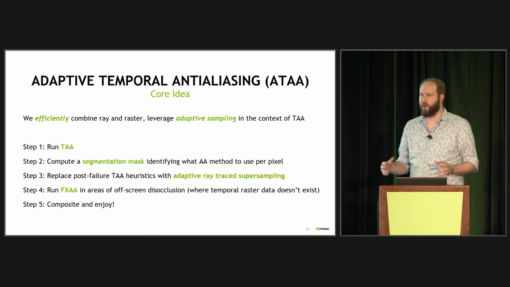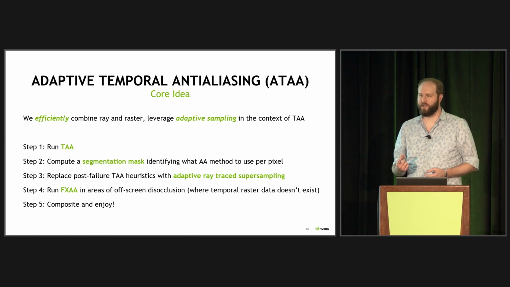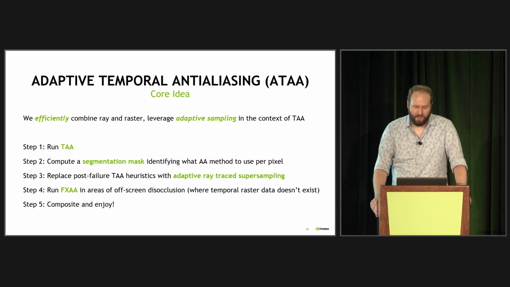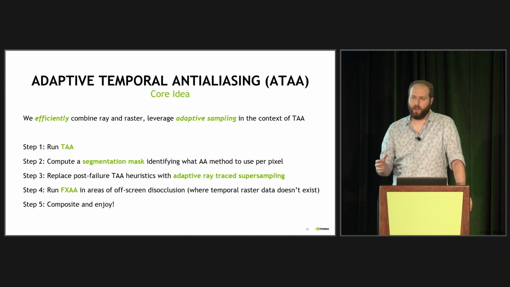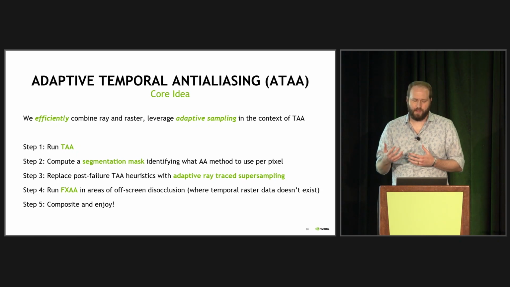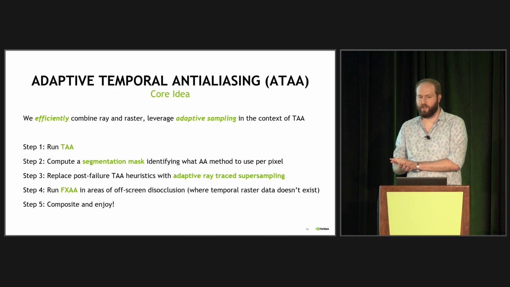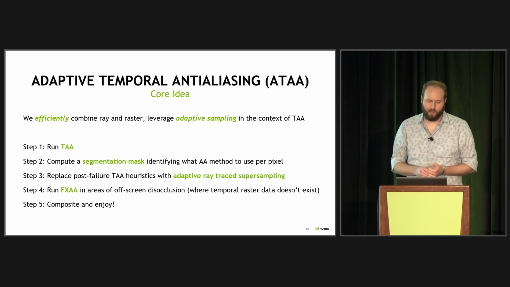As an overview of our approach, first, we just run temporal anti-aliasing. This gives us one clear benefit, which is that the results will not be worse than temporal anti-aliasing as a baseline if we choose to use those results. Second, we compute a segmentation mask, which will hopefully help us identify which parts of the image temporal anti-aliasing is failing, or failing to achieve quite the level of quality that we wanted.